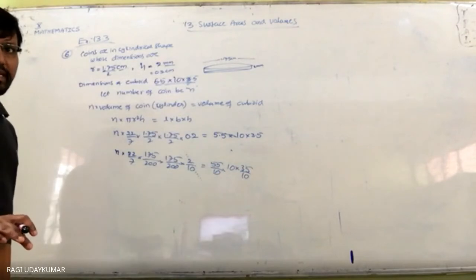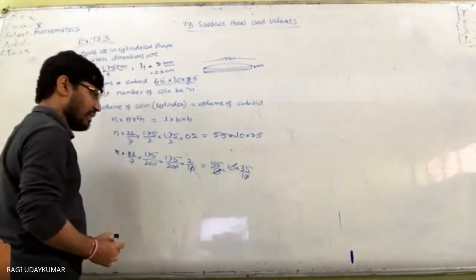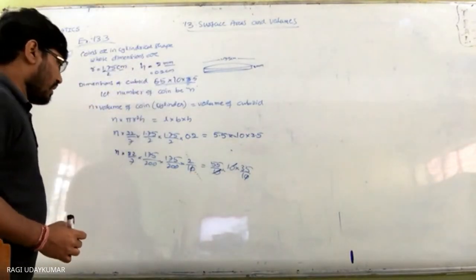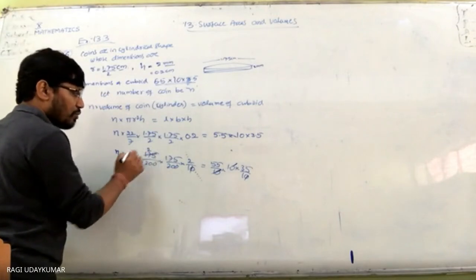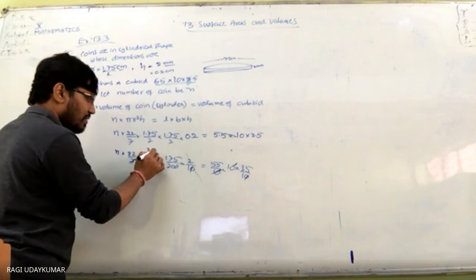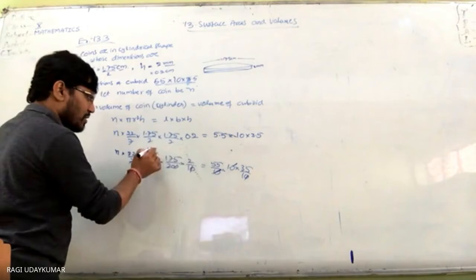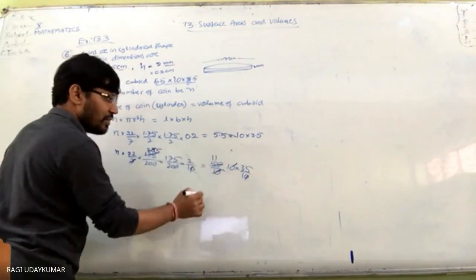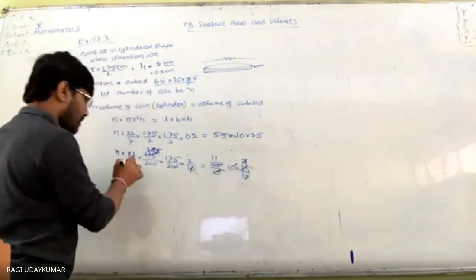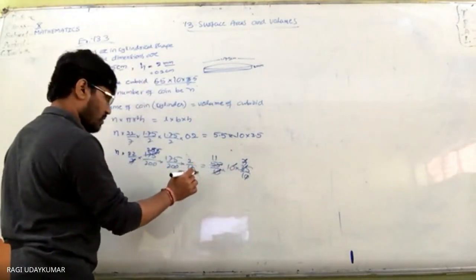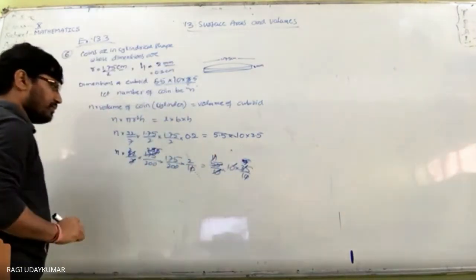For you especially, the 10s will get cancelled, this 0 will get cancelled. Now, with 7, is it possible to cancel? Yes, 7 ones are 7, 7 fives are 35. Cancel the 5s. 11 ones are 11, 11 twos are 22.